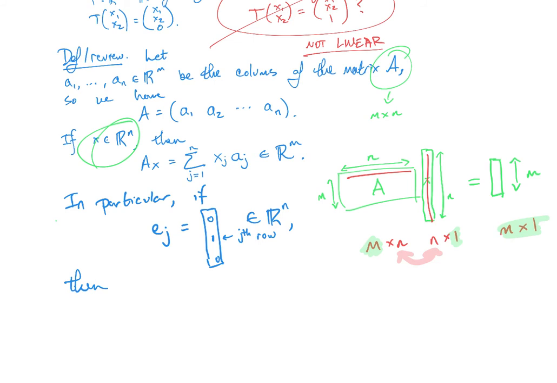Then, if you multiplied A times the basis vector EJ, what would you get? You get like the jth column of the A matrix? Yeah, you'd get the jth column, so that would just be AJ.